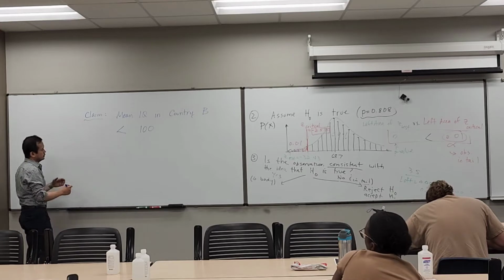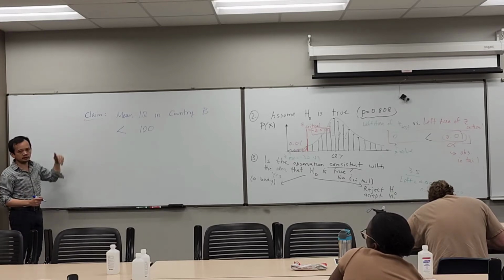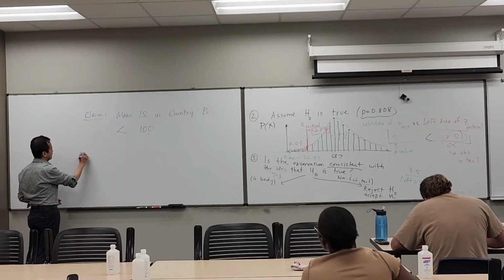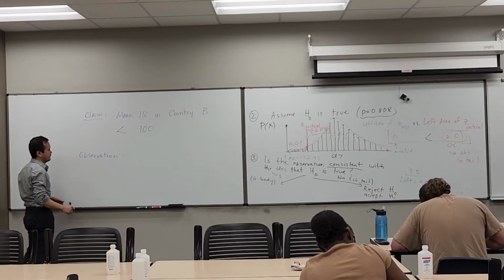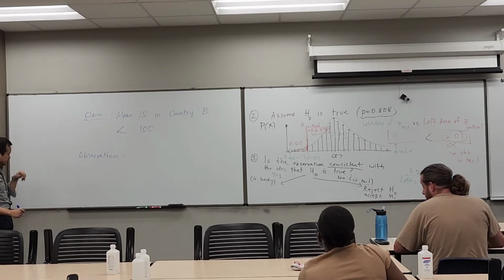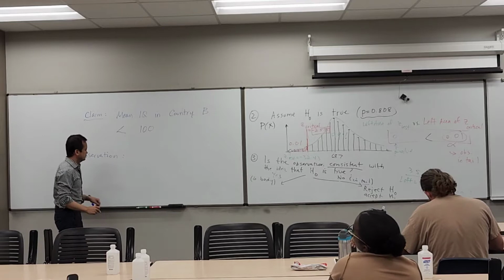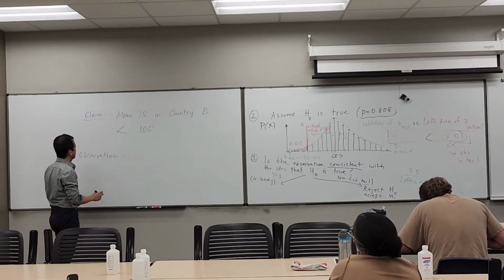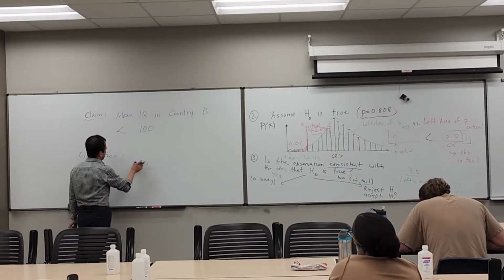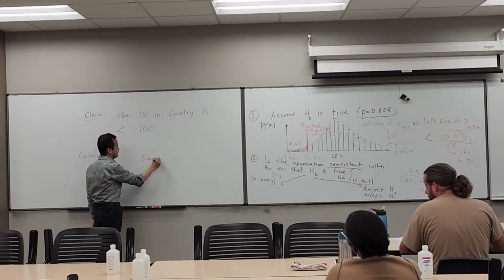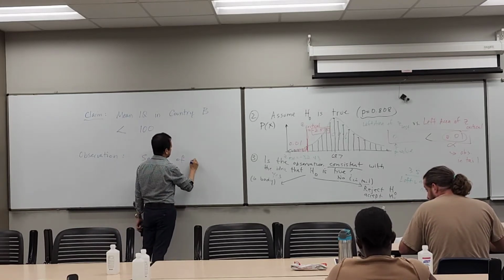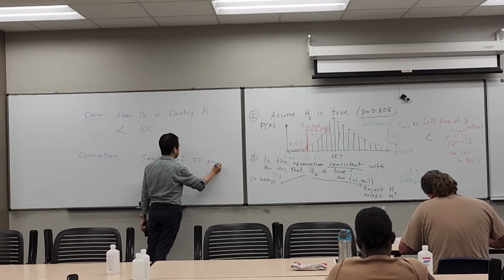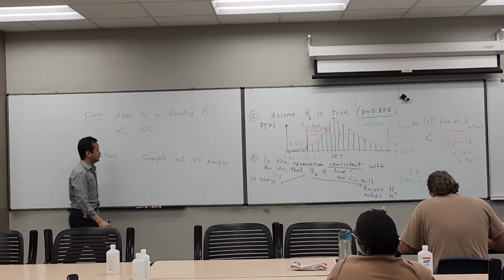So in order to make a conclusion about this claim, just like before, we're going to look at an observation. And the observation is, let's say you have a sample of 50 people that you've been interacting with.